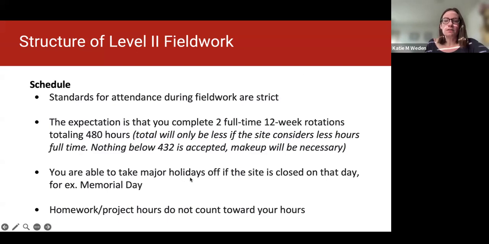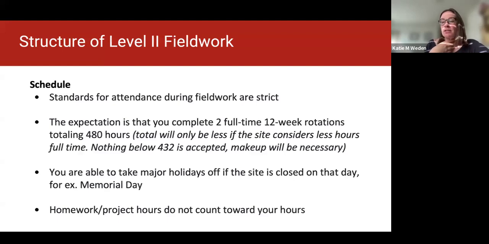Where some of this flexibility comes in is that some major holidays might fall over the course of your fieldwork. That's where some folks end up with a little bit different total hours. Obviously, if the site is closed and they're on holiday, you'll be on holiday as well. A good thing to note, there are some sites that might ask you to do homework, to go home and read up on a certain type of condition, or ask you to refresh on an assessment, or they might want you to do an in-service on a topic of your choice.